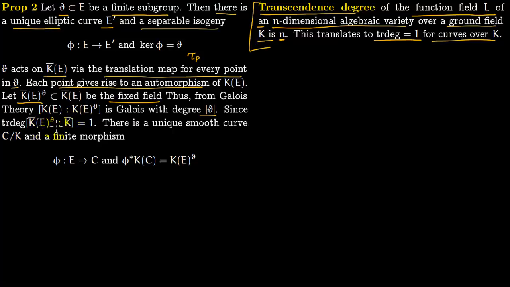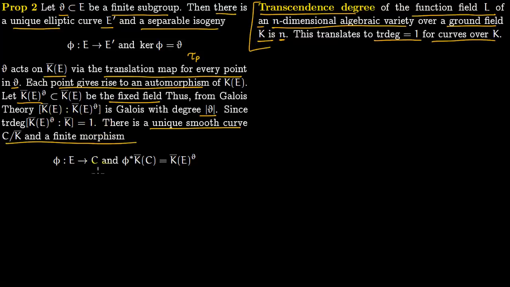Therefore, since the transcendence degree is 1, there is some unique smooth curve C over K̄ and a finite morphism φ from E to C, such that φ*(K̄(C)) is this fixed field.